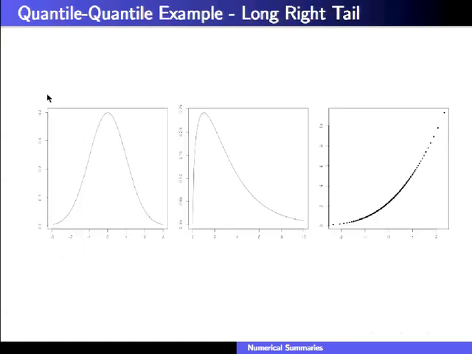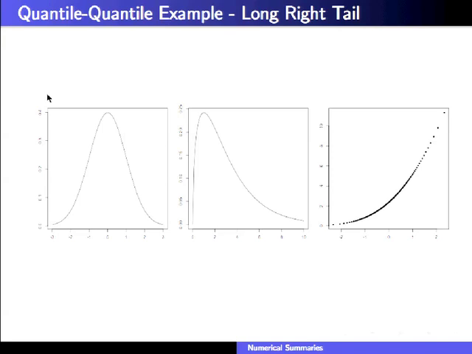So the last two plots are just a way for you to see what a quantile plot gives you. I have idealized density plots and then the quantile plot associated with them. The one on the left looks nice and normal, symmetric. The one in the middle is a density plot that has a long right tail.